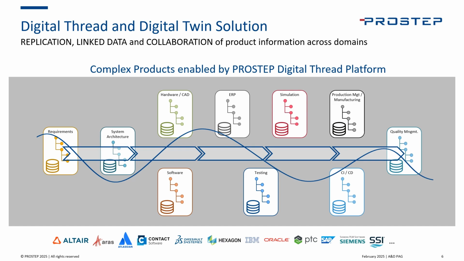We do that with our digital thread platform, utilizing replication where it's necessary, utilizing linked data, consolidating data with migration, or bringing data from partners and suppliers so that it's bringing it into your environment, or data from your environment into their environment, and enabling that type of data exchange.